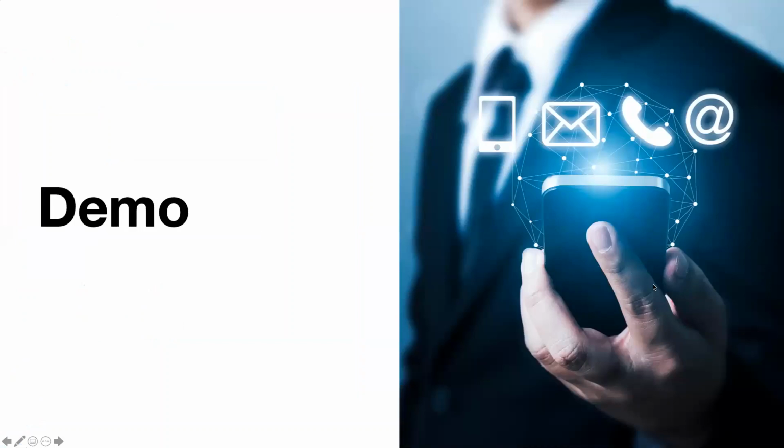Okay, so now let's get into the demo part. Let's see how it works on the system. So we move to the other machine, server. Let me stop sharing on my side, and then yeah.